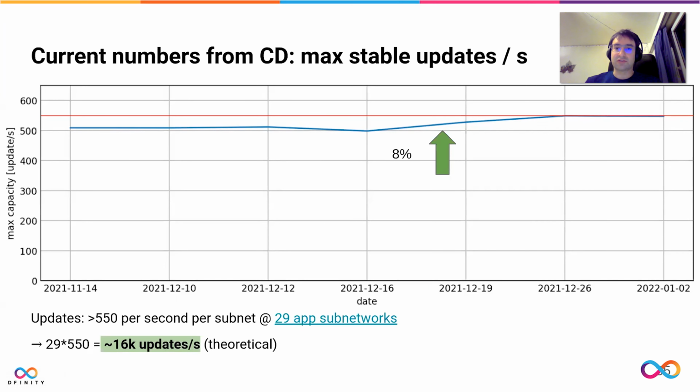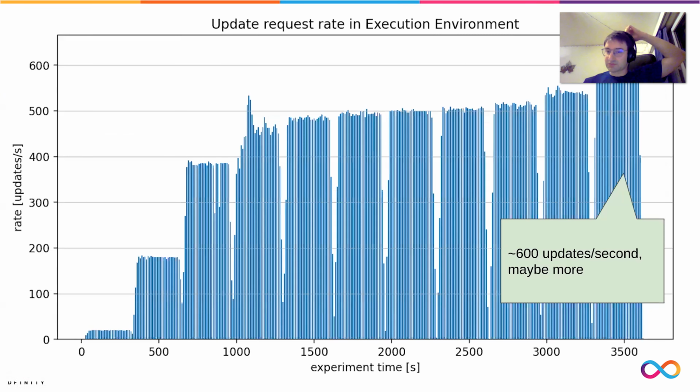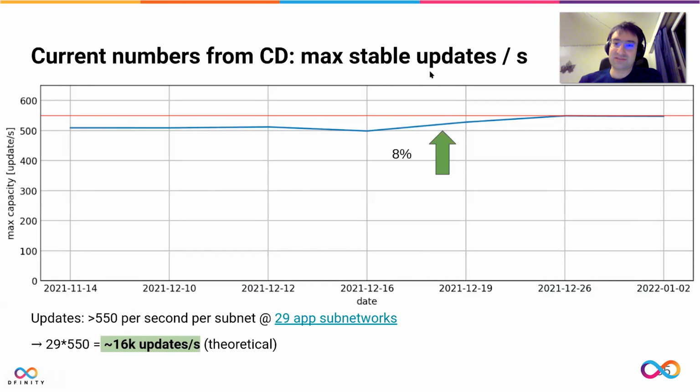In terms of queries per second, oh, sorry, one more thing. Even this number here is relatively conservative, right? In those benchmarks, we determine what the maximum capacity of a subnetwork is, but the way we define maximum capacity is still conservative, in the sense that it's the number of updates per second you can handle without a lot of failures.